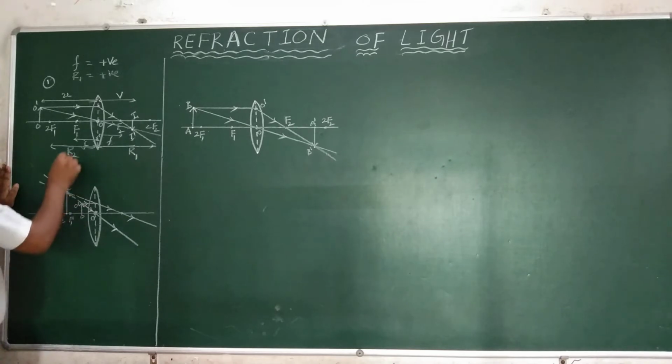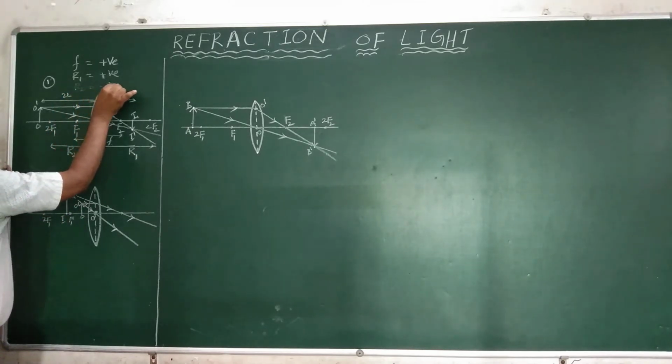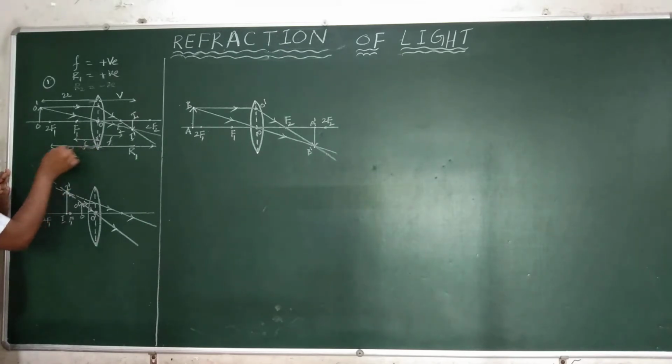R2 is negative because we measure R2 from optic center to 2F1, opposite to the direction of the incident ray. That's why it is taken as negative.